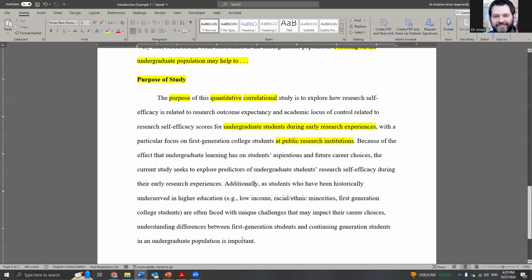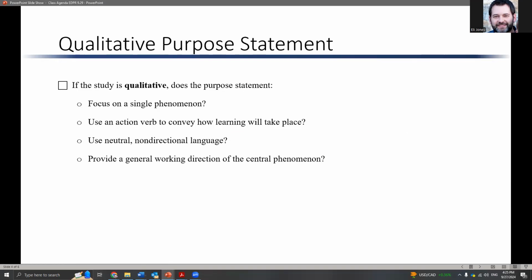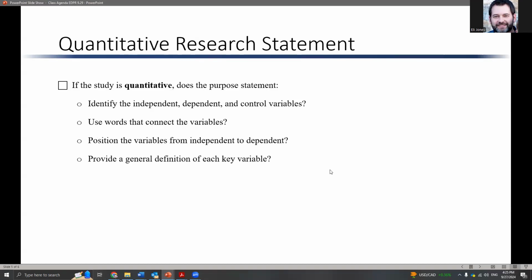You can see here, I kind of have this. I've got the effect that undergraduate learning has on student aspirations and future career choices. The study seeks to explore predictors of undergraduate students. Now, this is quantitative, but in a qualitative one, and you can see some examples of a qualitative research proposal on the website, you'll notice that they do the same type of thing, that they provide an idea of what the phenomenon is and where it's going.